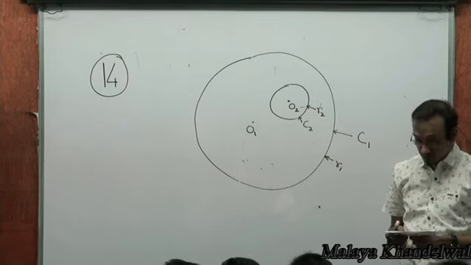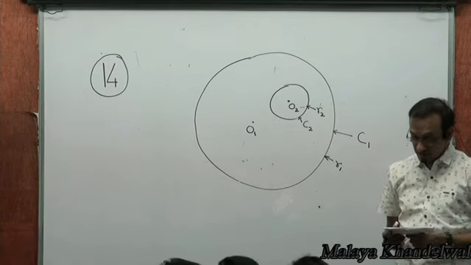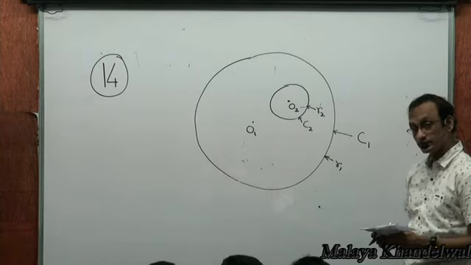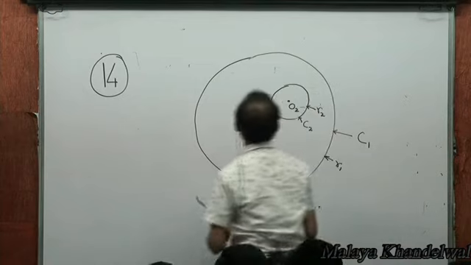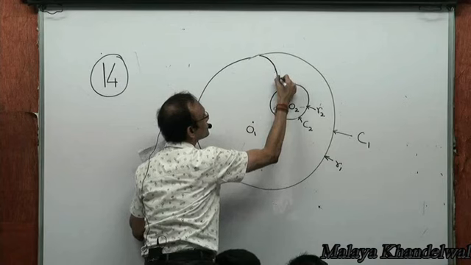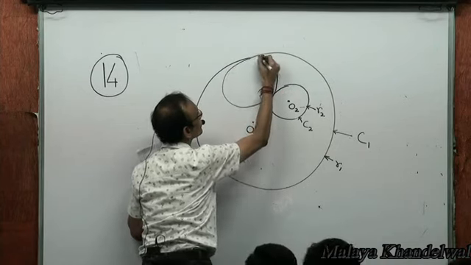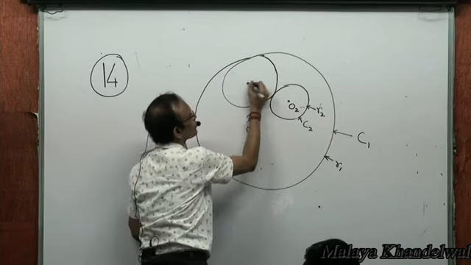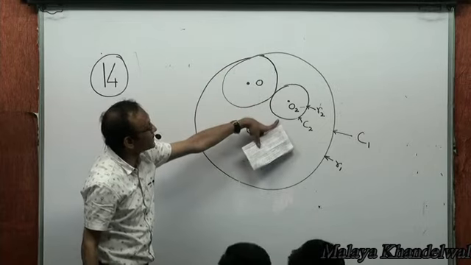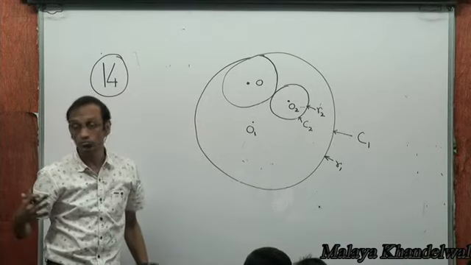Now there is a moving circle, a variable circle C, which touches C1 internally and C2 externally, right? There is a circle C like this, with center O. It touches C1 internally and C2 externally, and many such circles can be drawn, right?